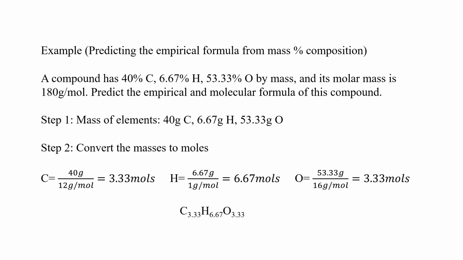You're going to do the same thing for hydrogen and oxygen. Now, those numbers, 3.33 moles, 6.67 moles, 3.33 moles, they become the subscripts for the tentative chemical formula. That is 3.33 carbons, 6.67 hydrogens, 3.33 oxygens.